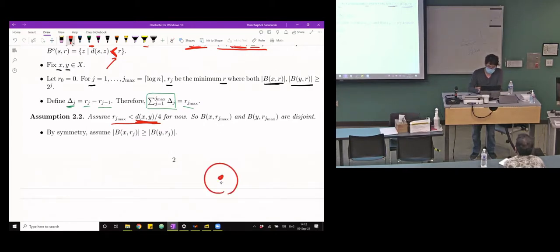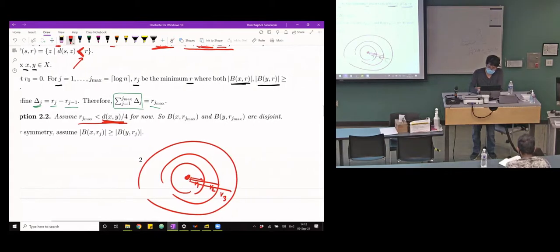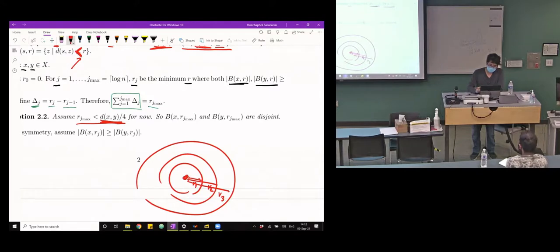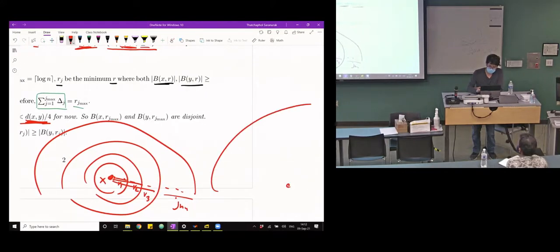Meaning that if I define the balls R1, R2, R3, even if I go to R_j max, this is from X, then the balls around Y are still disjoint.